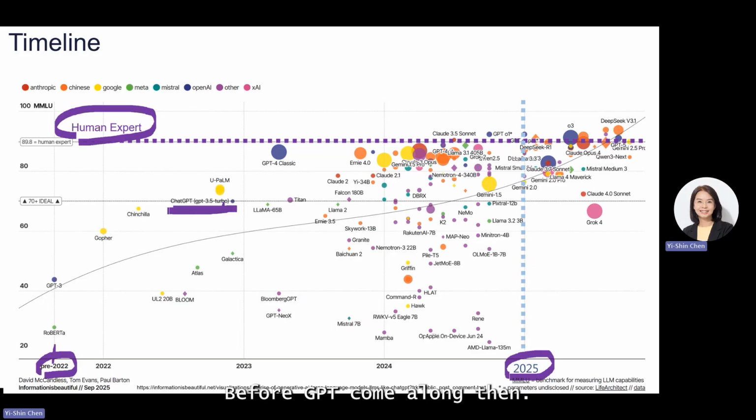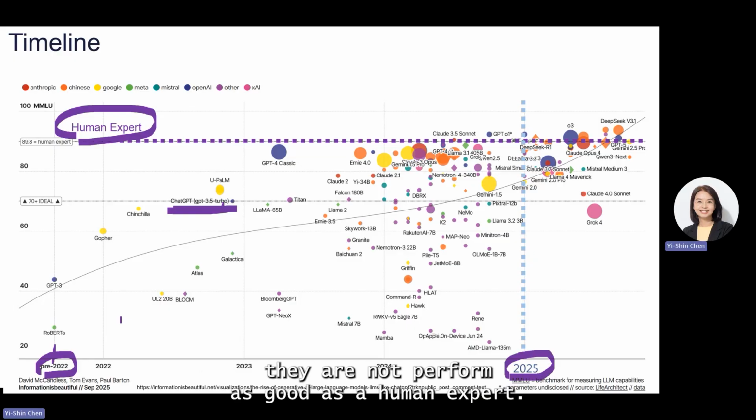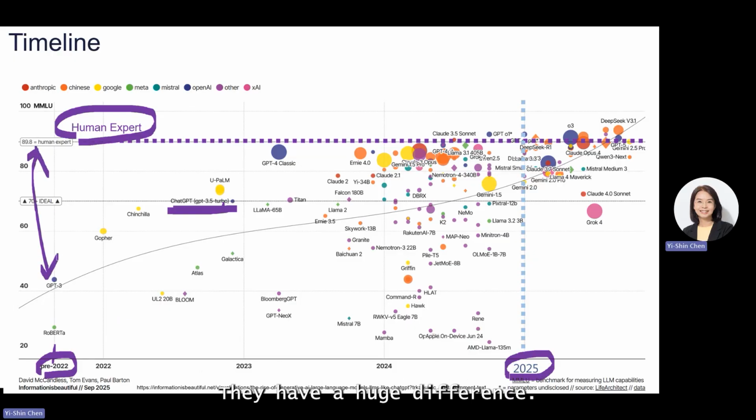Before GPT and then ChatGPT came along, we will find that most of the language models did not perform as well as a human expert. They have a huge difference.